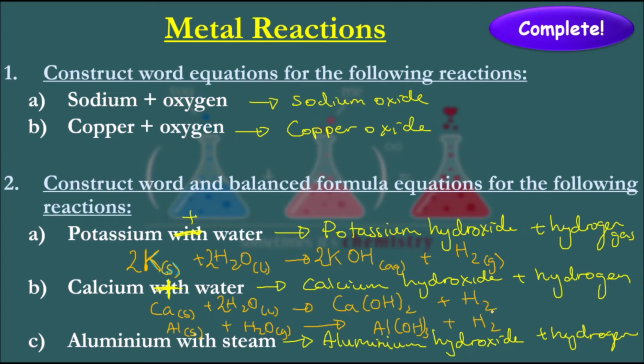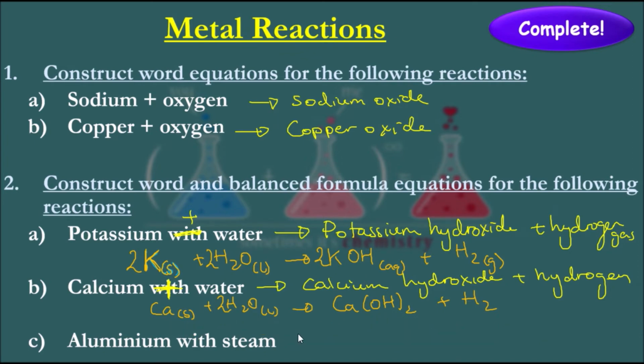In this case here, okay, I'll just do a quick correction. If we have a metal that reacts with steam, it doesn't form a metal hydroxide, it actually forms an oxide.